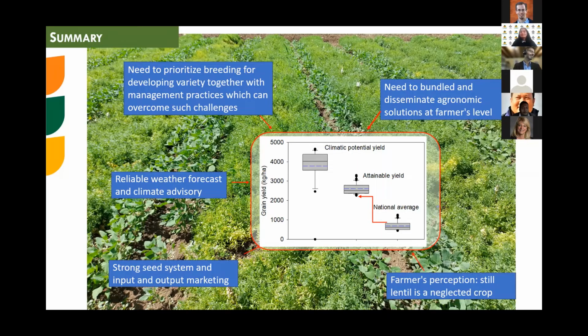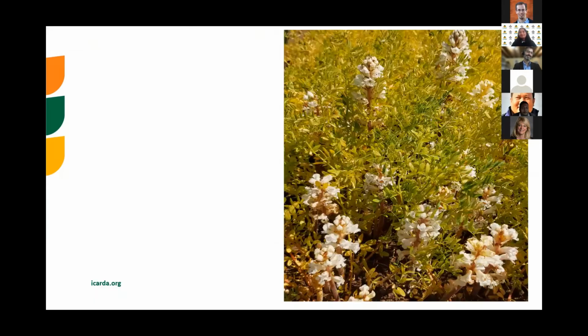And now I would like to highlight that I am here in the Middle East, in North Africa and other MENA regions. Orobanche (broomrape) is a major challenge threatening and reducing lentil production in this region.